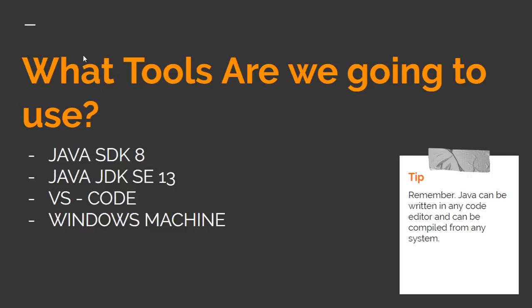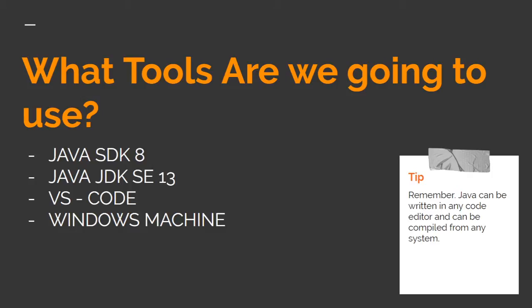So this slide tells us what tools we are going to use today. We are going to use Java SDK 8 or the Java runtime that is actually going to execute our codes. The Java JDK 13 or Java Development Kit 13 is actually a console program that is used to compile and develop Java programs.